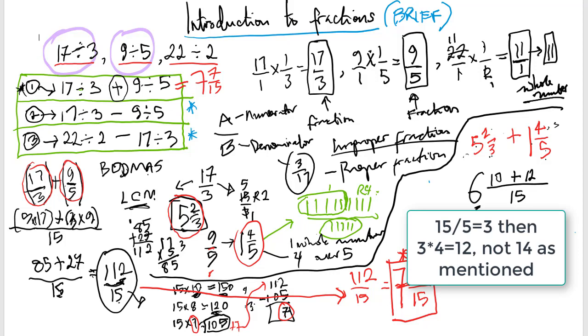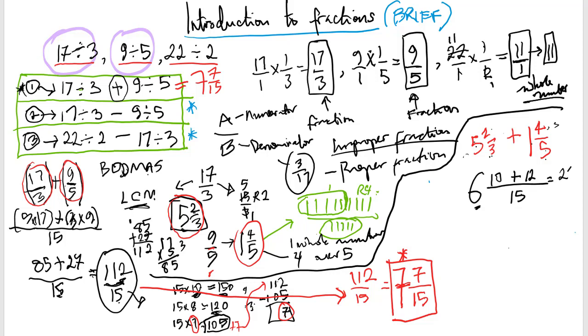Okay, so when you add it all up, you get 22 over 15, which is still an improper fraction. So we still have to reduce it back down to a proper fraction. 15 can go in 22 once. So if you do 22 minus 15, you should get 7. So you have 7 over 15. Now remember, we just reduced this one and we had this one left.